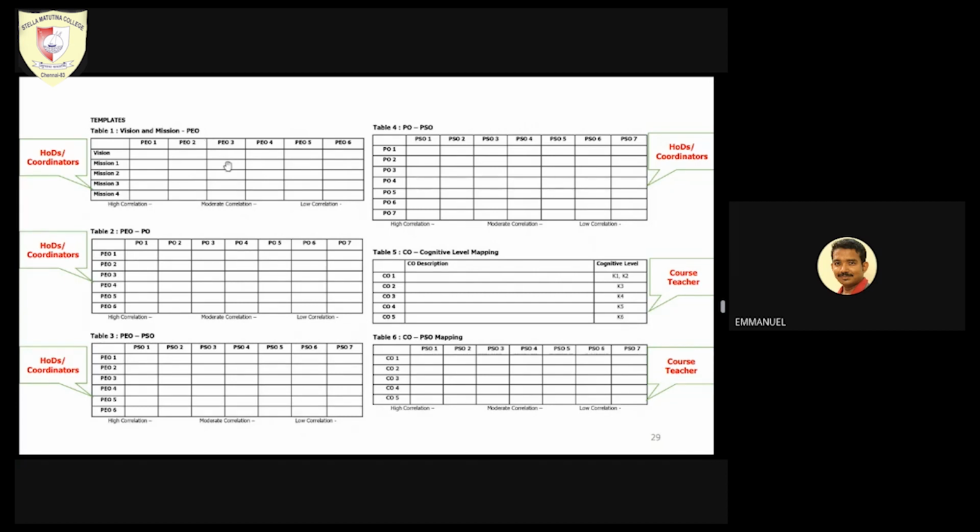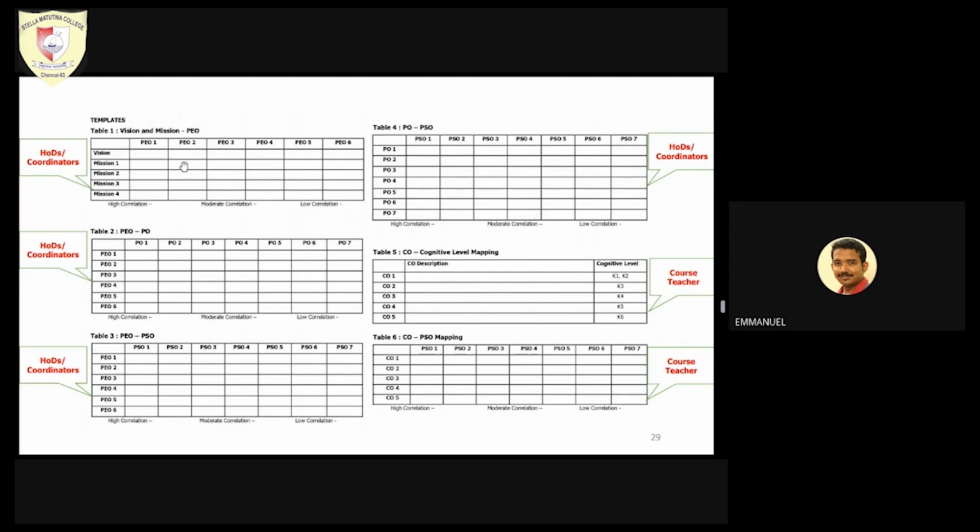Then questions arise from the management side or any other, not necessarily management, even a lay person who sees from outside may ask why the high correlation is very low and the low correlation is very high. It is because of the mismatch between the vision and mission statements and the program educational objective statements.